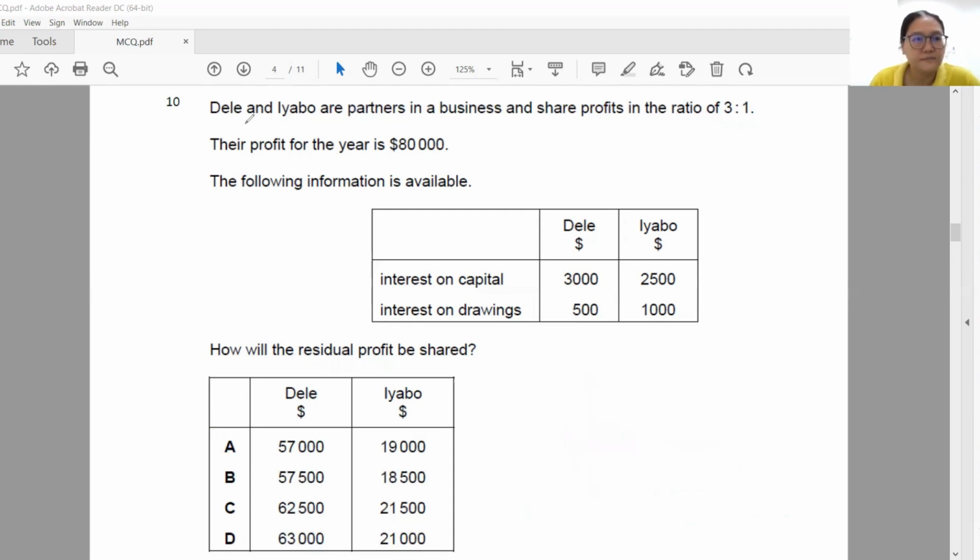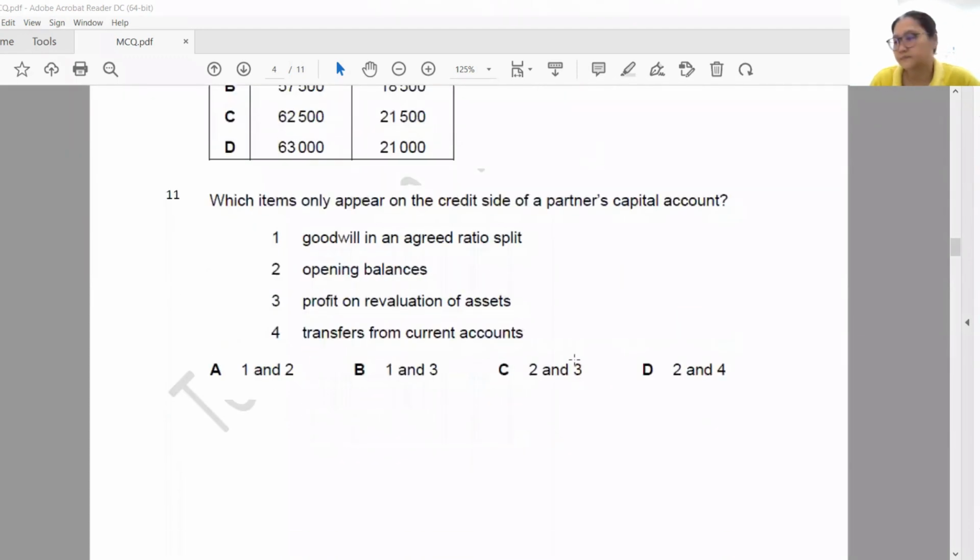Okay, next. Which item only appears on the credit side of a partner's capital account? Only the credit side.